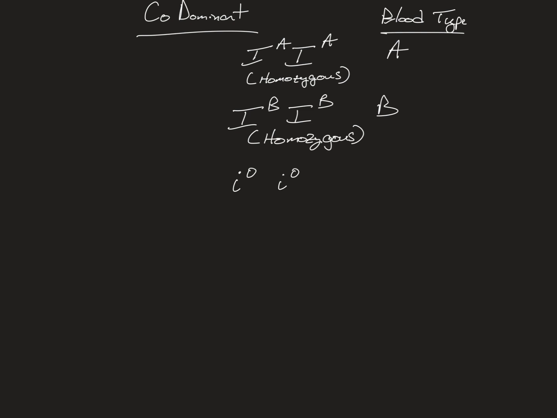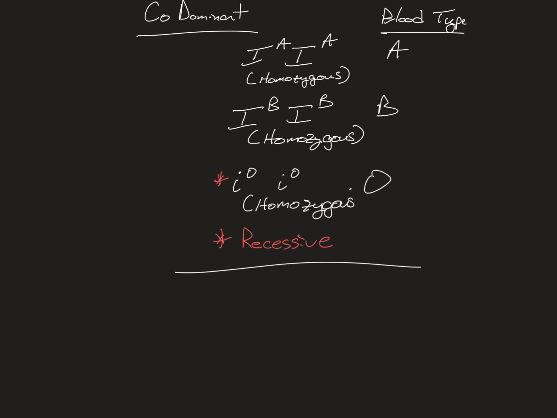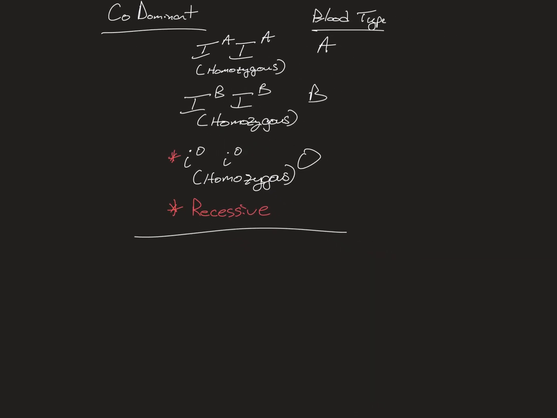Make a note that O blood type is recessive. It's tricky. So of course that blood type is O, and of course this again is homozygous.